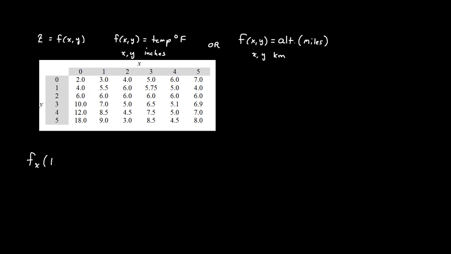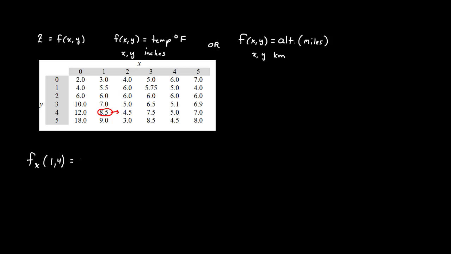So at the point (1, 4), the temperature or altitude is 8.5. And we want to figure out what is the instantaneous rate of change in that temperature as we move in the positive x direction.